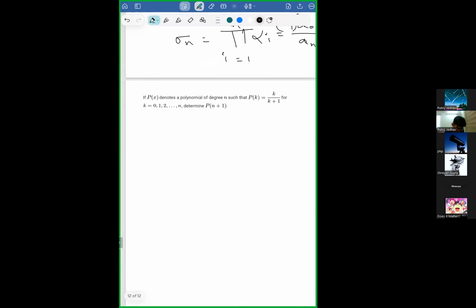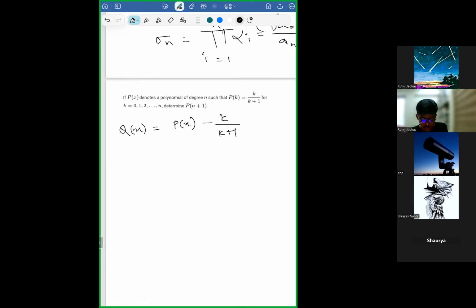That is P of x minus k upon k plus one. So this polynomial has n plus one roots. I guess we can just put n plus one in this one and get the result.